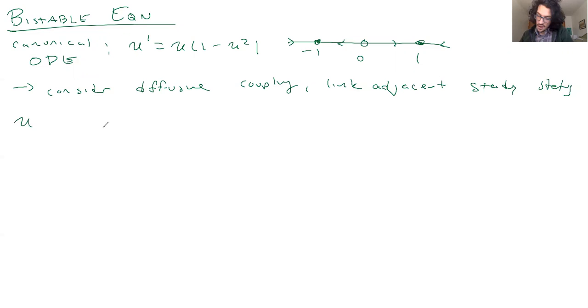Then here we have U, which may be 1 here, right? Way down here may be -1. Here may be 0. And here's our x variable.